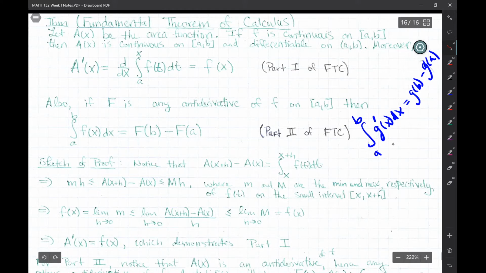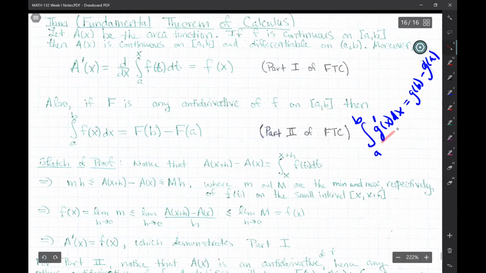And notice what we're doing here on a deeper level. We are trading a derivative in the bulk of the interval, so inside the interval, something going on inside the interval from a to b, for a sum at the boundary of the interval. The boundary of the interval [a, b] is just the endpoints.